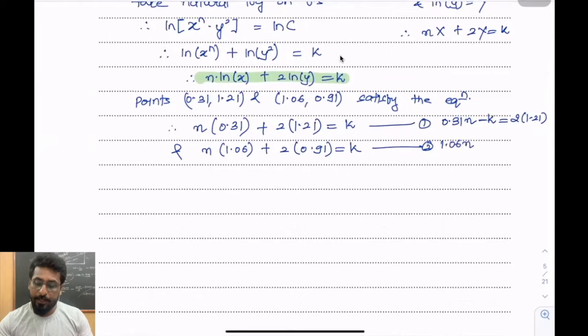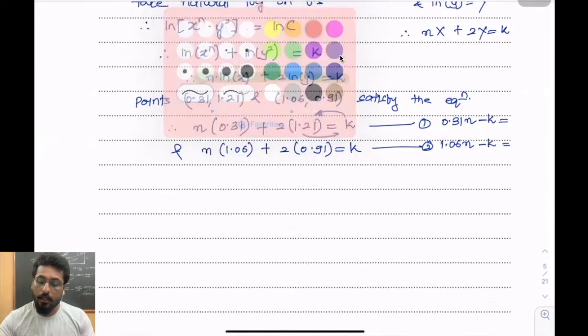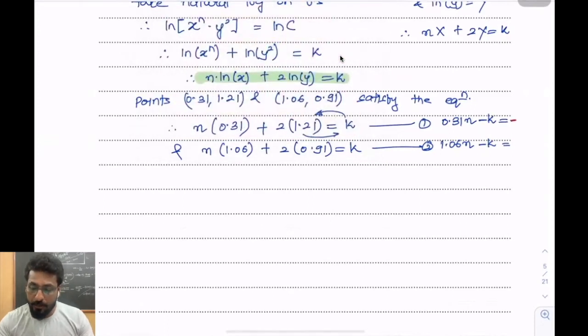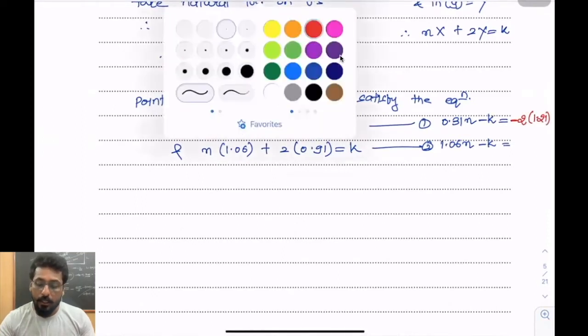So I have made a small mistake in my first equation. I have transferred k on the left, so this k has come on the left. This 2 times of 1.21 will go on the right, so it is not just 2 times of 1.21. So we are saved from making a possible blunder. So that's negative 2 times of 1.21. Good that I noticed it at the very beginning.